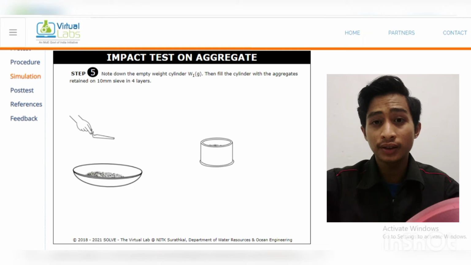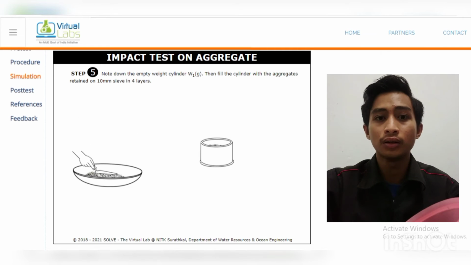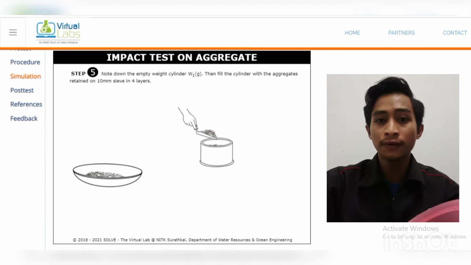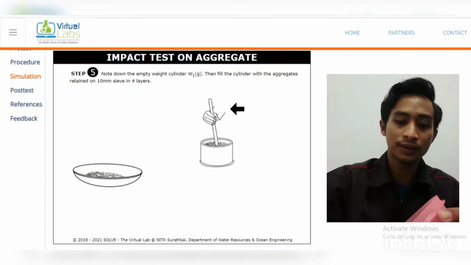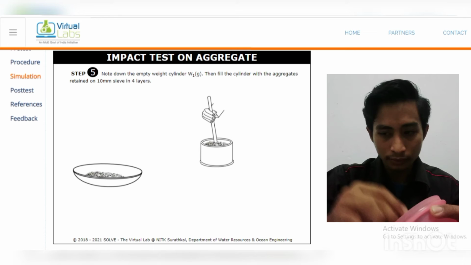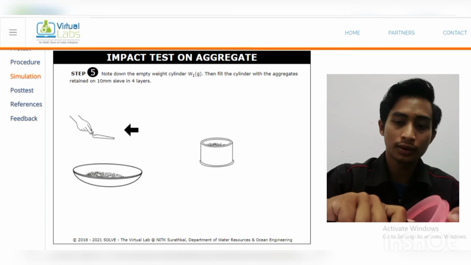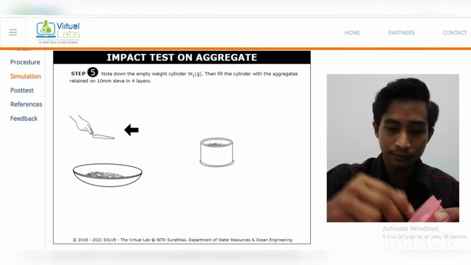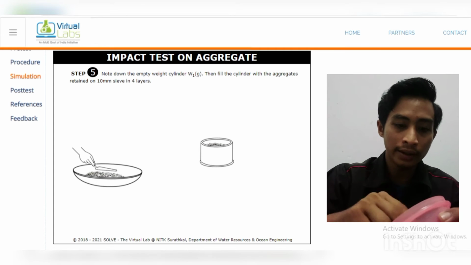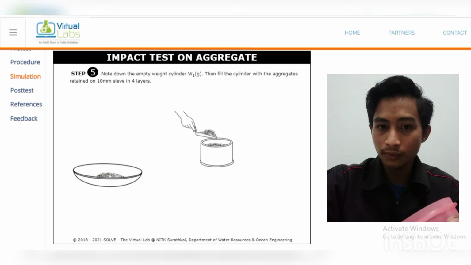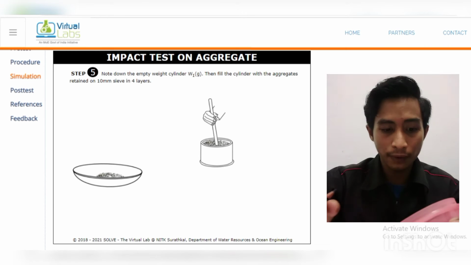Then fill the cylinder with aggregate retained on the 10 mm sieve in 4 layers. First layer, second layer, third layer, fourth layer.